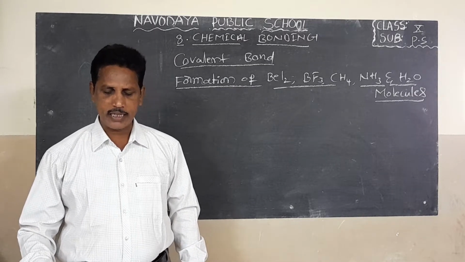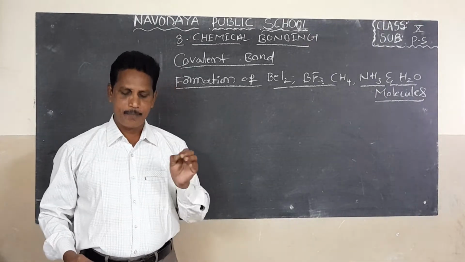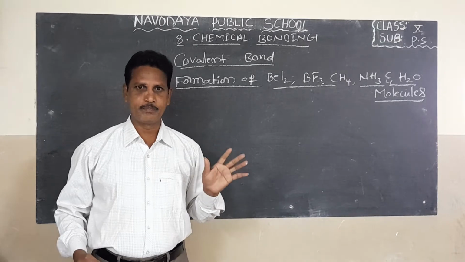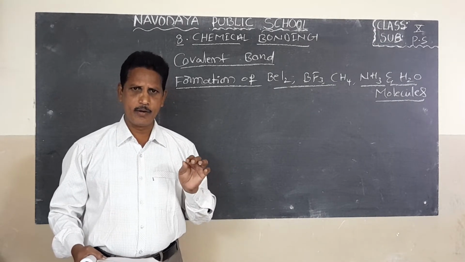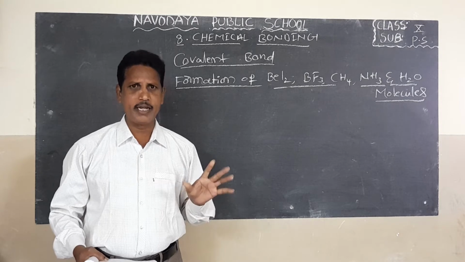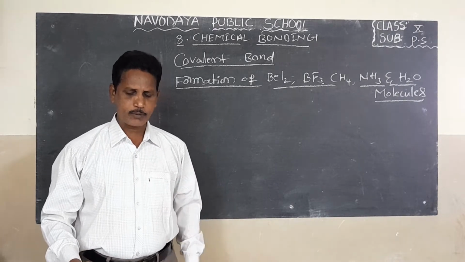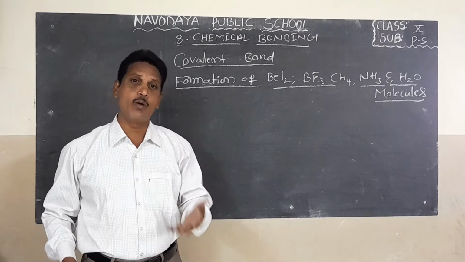The valence shell electron pair repulsion theory. This theory is used to explain the bond angle in molecules.